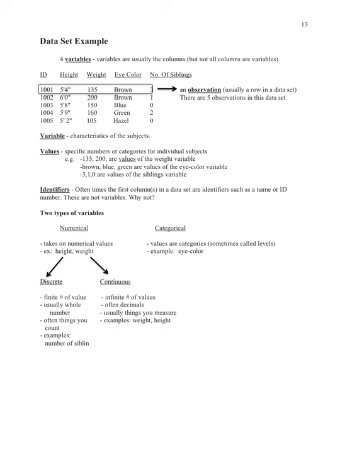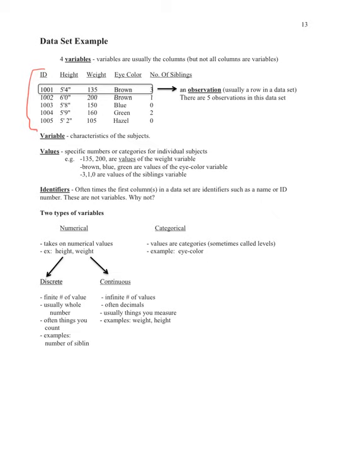In almost every class, we'll be talking about data in some way, shape, or other. So we're just going to get started by going through some basic definitions, and to do that, we'll use this small example of a data set. In this data set, there are 4 variables.